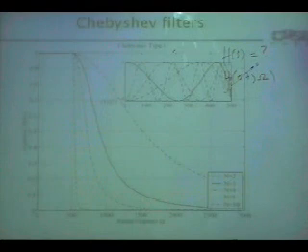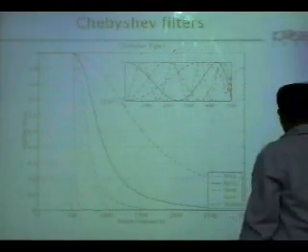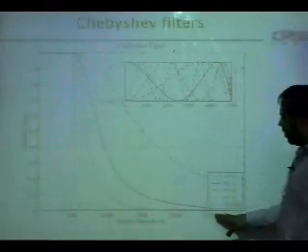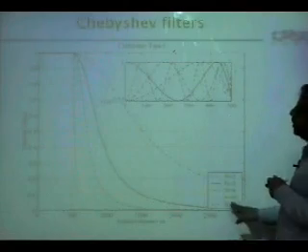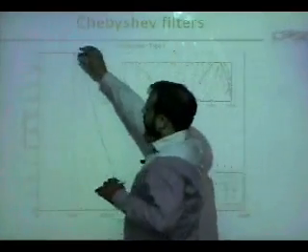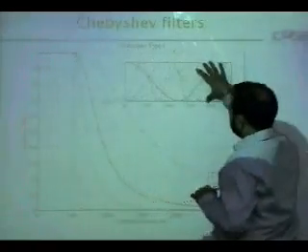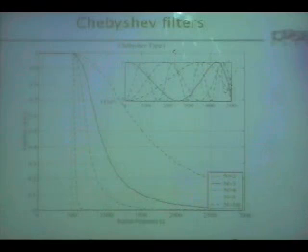This is Chebyshev type 1. In type 1, the stop band is smoother. It's a monotonically decreasing function of frequency, but you have ripples here. So this is the magnified view of this portion. You see there are a lot of ripples in the passband.